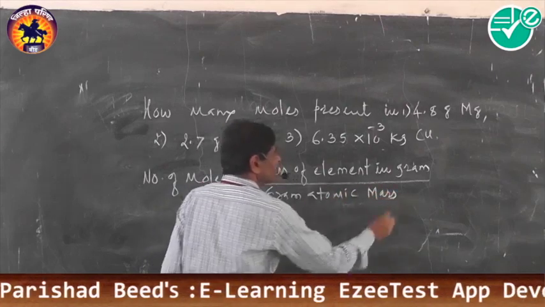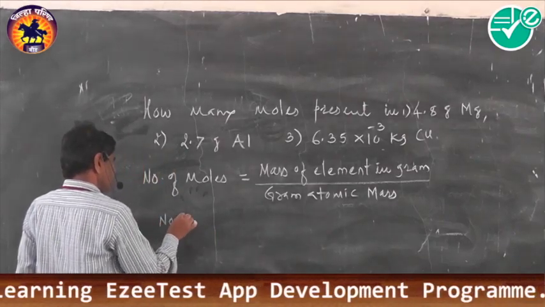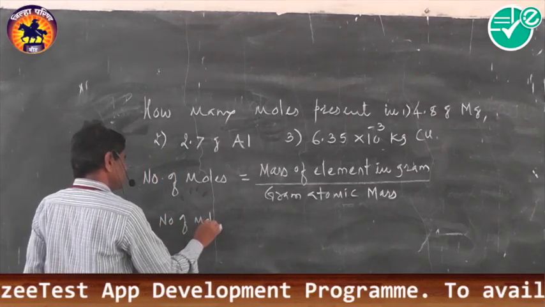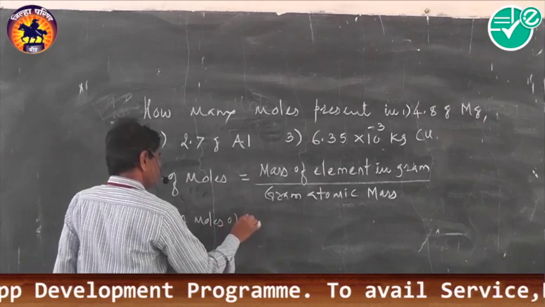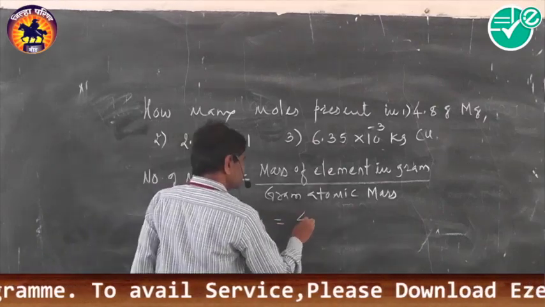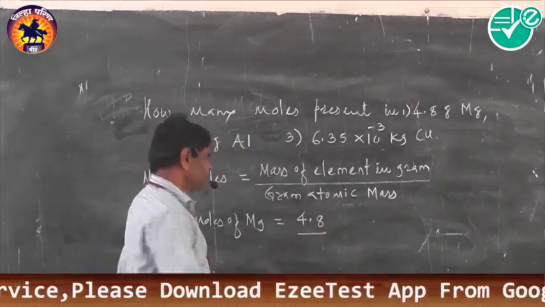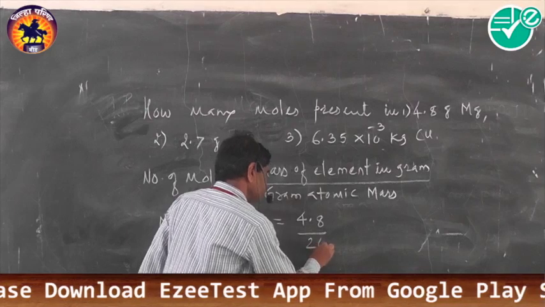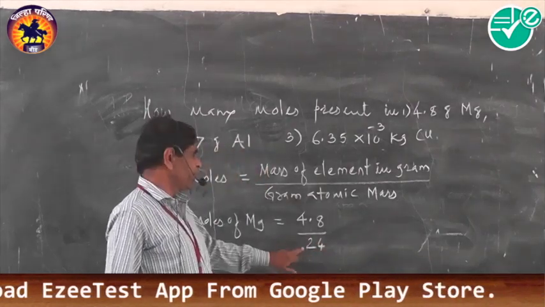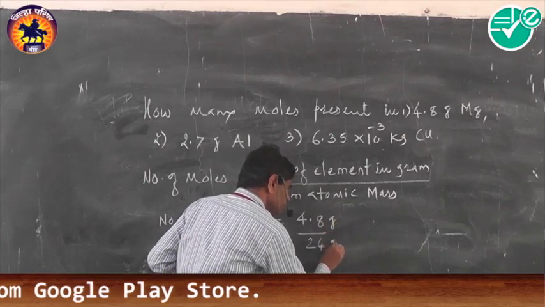And so naturally, in case of magnesium, first the number of moles of magnesium is equal to 4.8. Now atomic mass of magnesium is 24, so 4.8 divided by 24. This is in gram, this is also in gram.